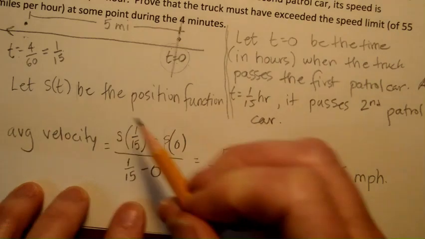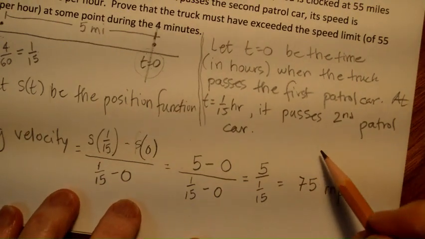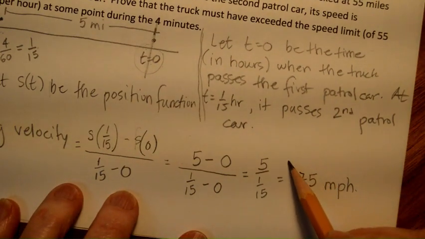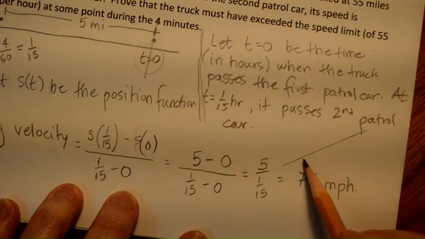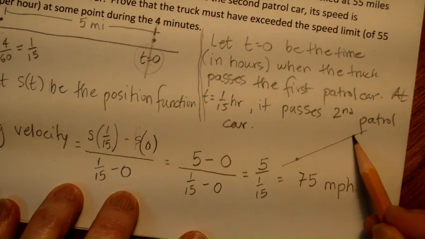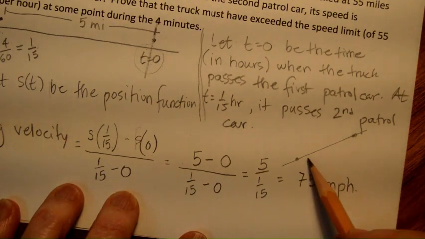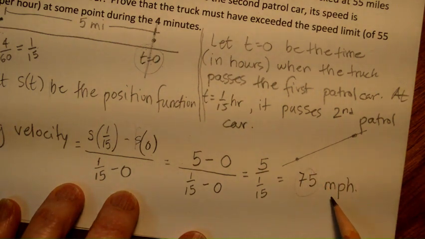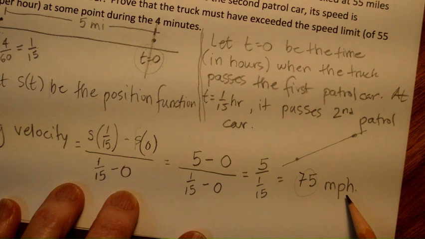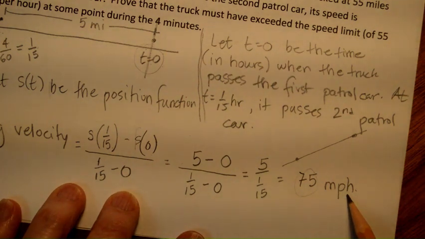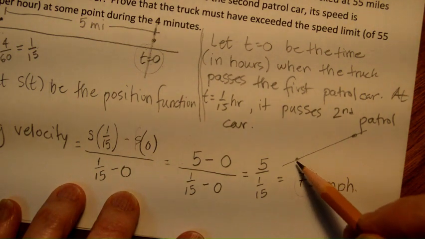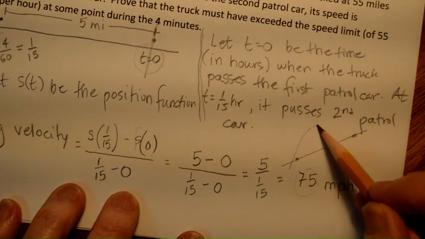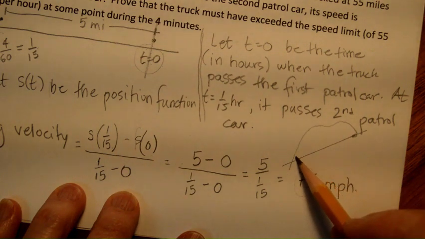So again, if we knew what this position function looked like, what it's saying is that the average rate of change, the slope of that secant line that connects those 2 points, would have a slope of 75, a rate of change of 75 miles per hour. And at some place in here, I'm just doing this for a visual, we have no idea what this function looks like.